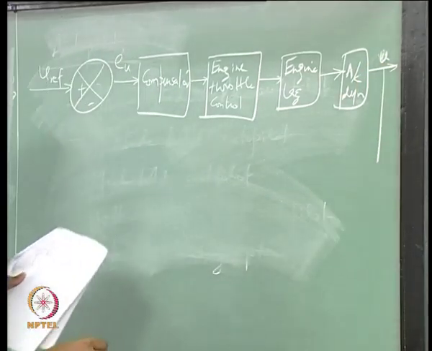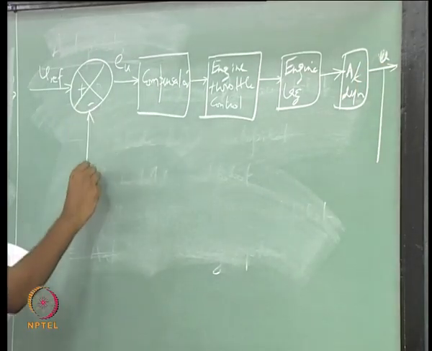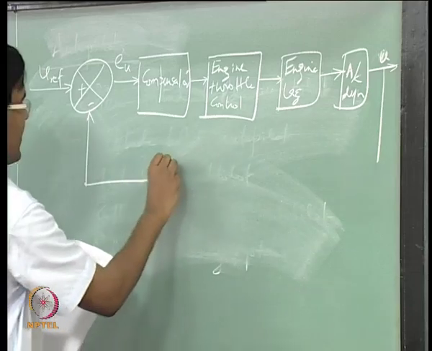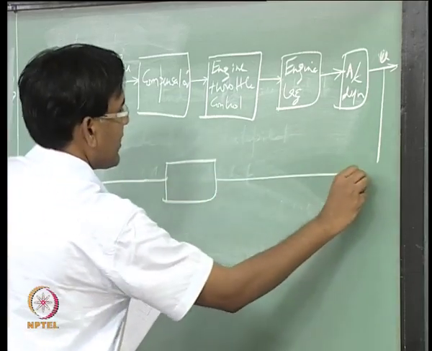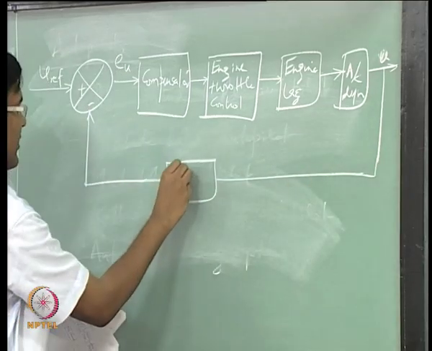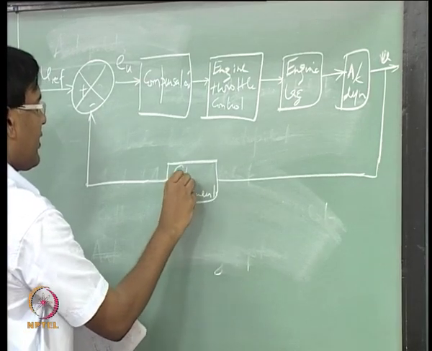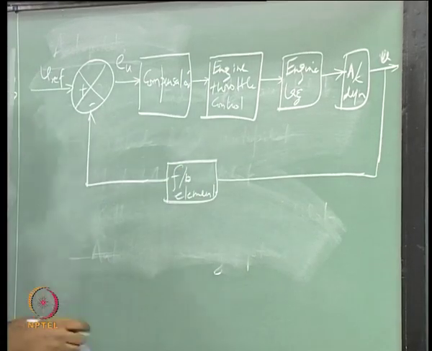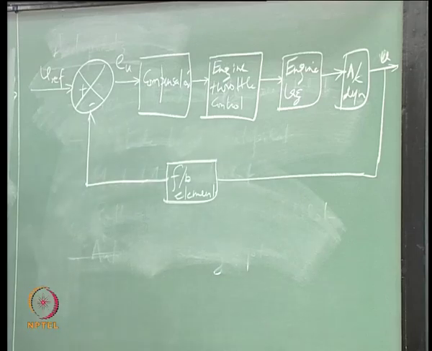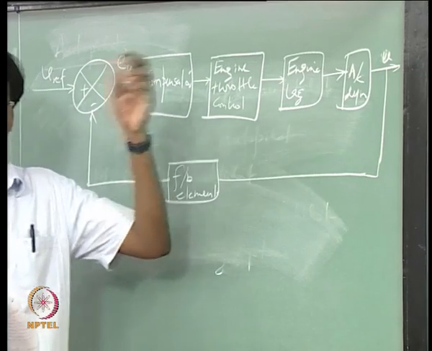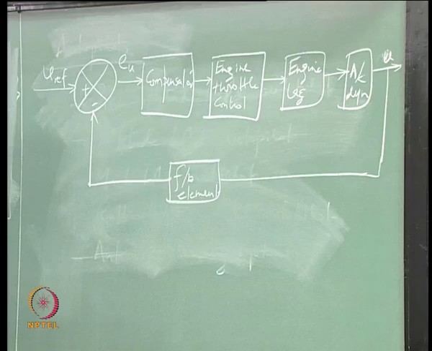So, this one here is using the throttle to keep the velocity constant. A feedback element can be, for example, a sensor which can read the actual speed.